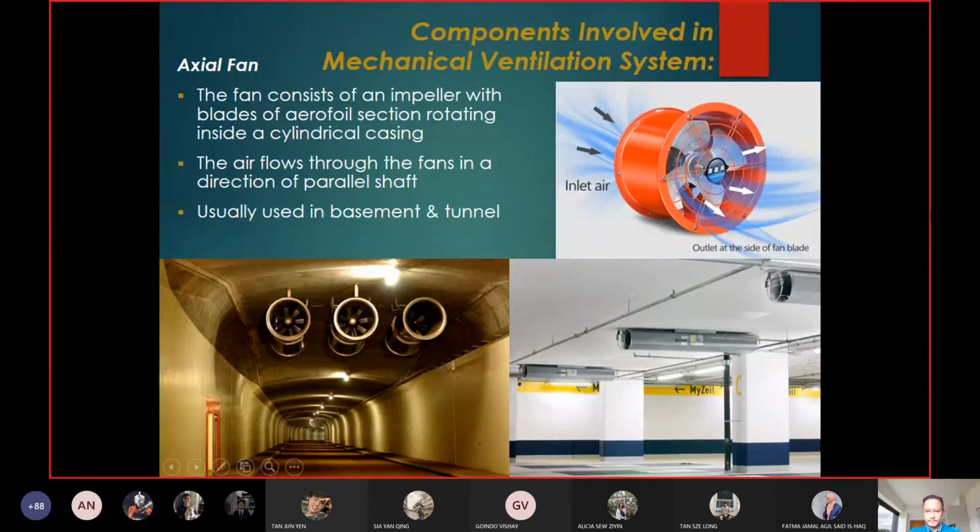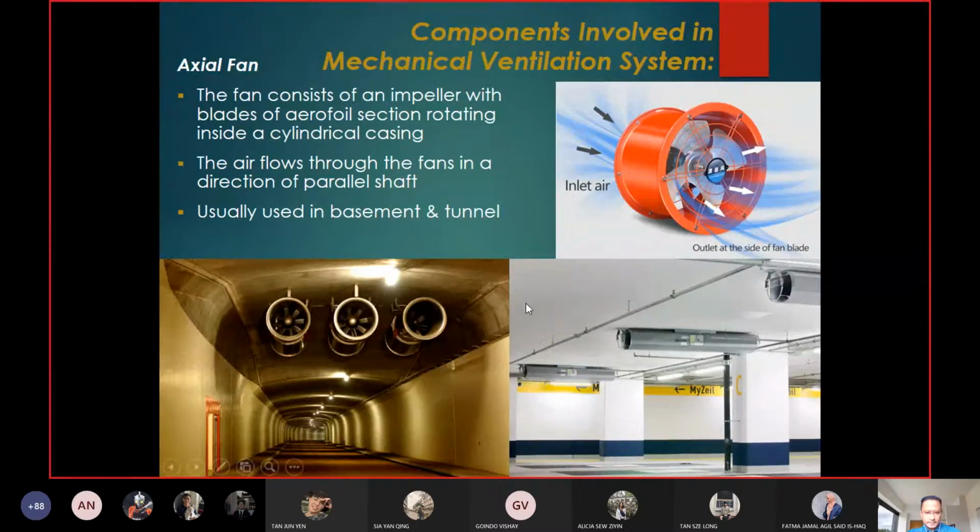But it creates like a jet, so the amount of air getting into the fan is much more and much faster compared to the propeller fan.